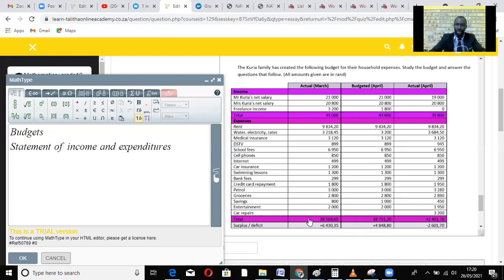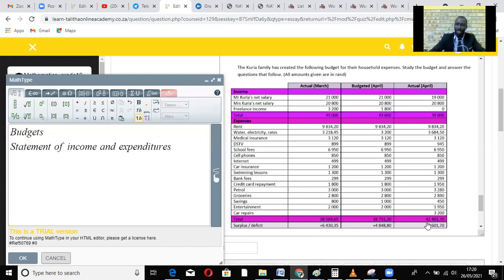Now the total in March became 38,569.65. Okay. Now here we have surplus or deficit. Then now budgeted was 38,751.20. Then also here we have the actual amount of money.